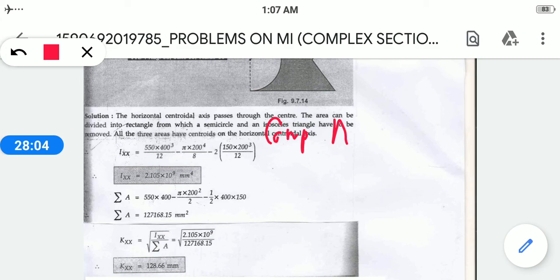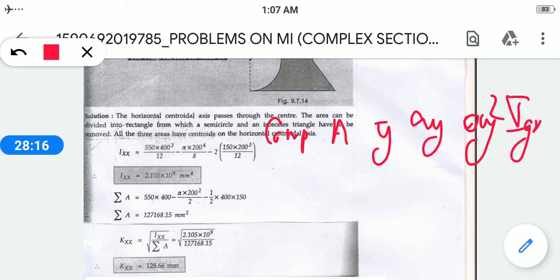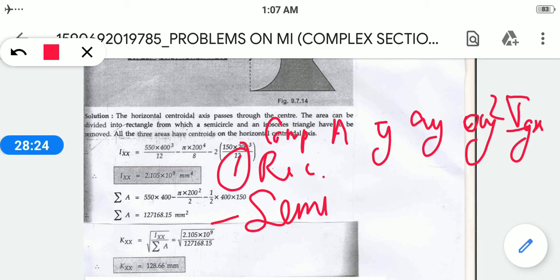Then you have to find the area. If it is A, you need to find the y value, A of y square, I of gx. For all the three components, one is your rectangle minus your semicircle minus your triangular area.